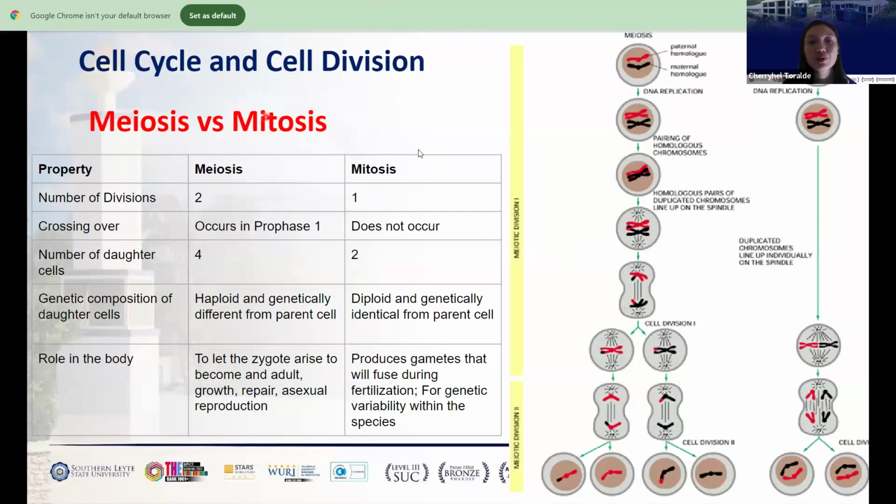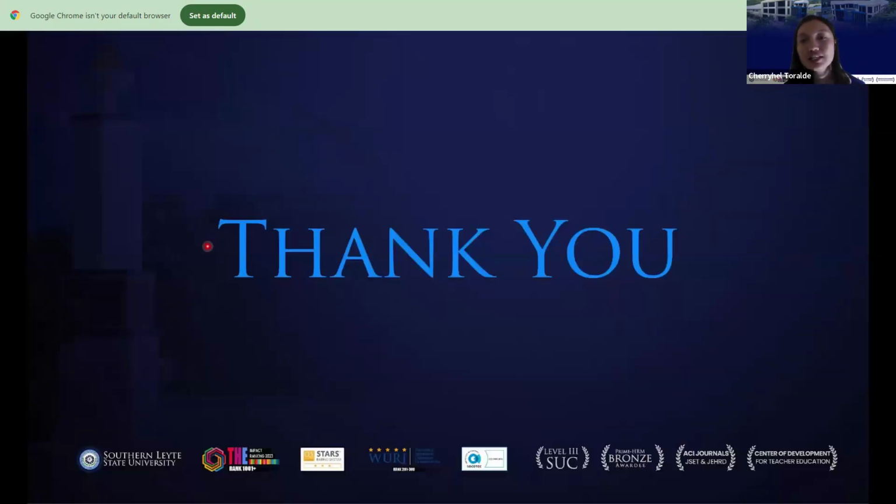So here is the summary of all the discussions that I have made. Actually, you can just put it in a table with these different properties, and then you will have all of those things that I have discussed. So basically, that's it. All about these cells.